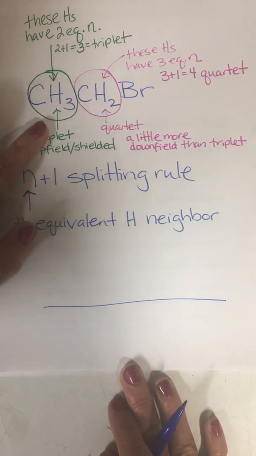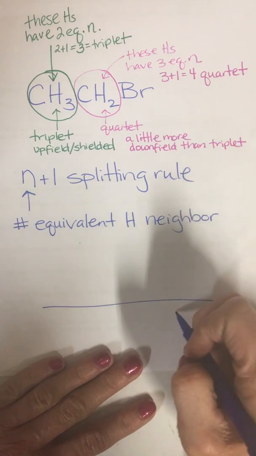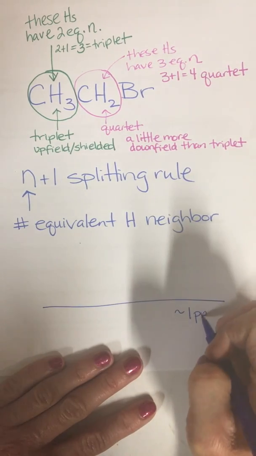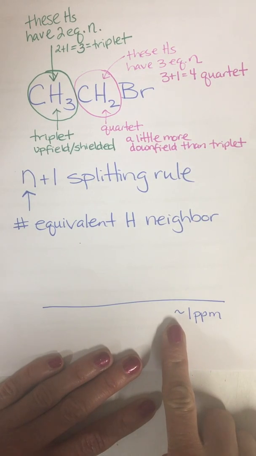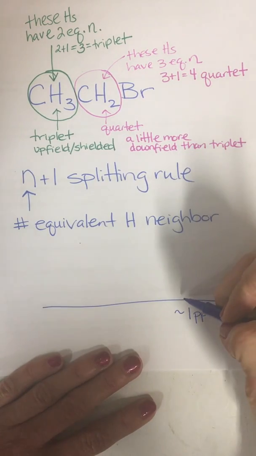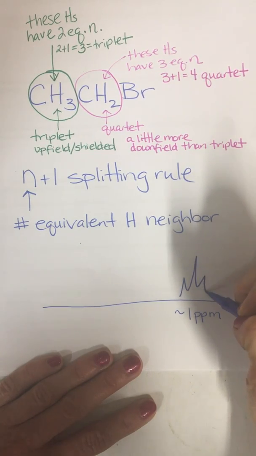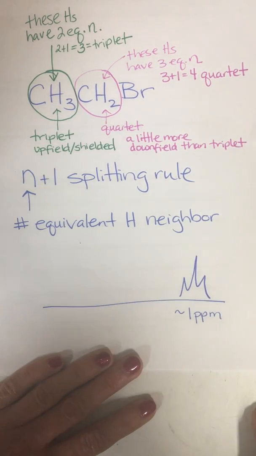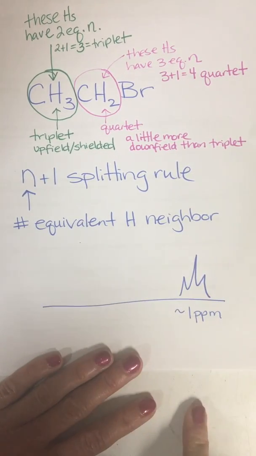That's that whole alkyl area. It depends on how close you may be to another electronegative atom. Right around this 1 parts per million region, approximately, we would have a triplet. A triplet looks something like this. Not beautiful, but you have this 1 to 3 to 1 ratio.